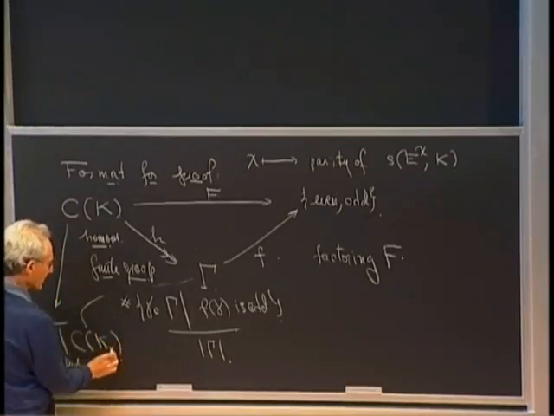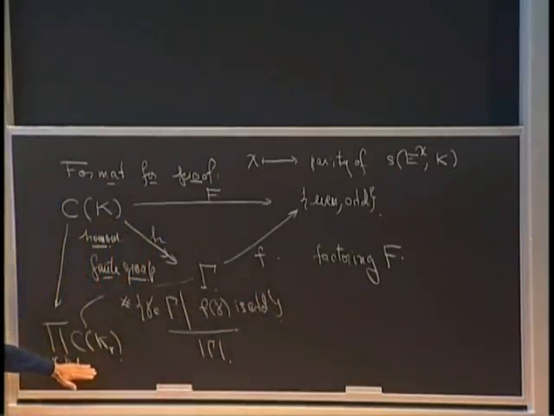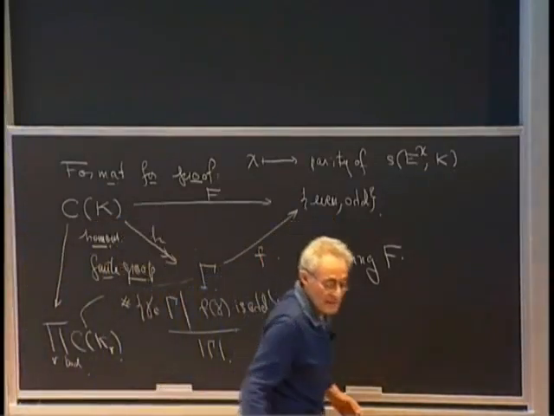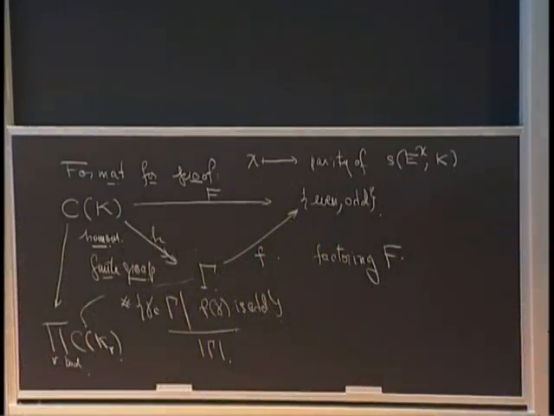For each V, there will be a set theoretic mapping of CKV to even-odd, which, if I call the even-odd plus or minus 1 and think of it as a group, is such that F is the product of the local constituents.